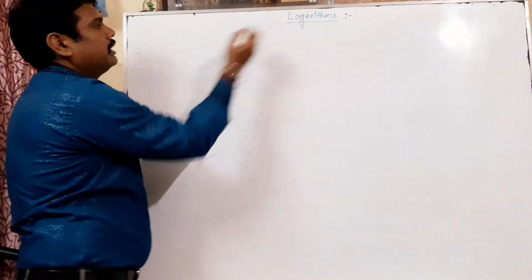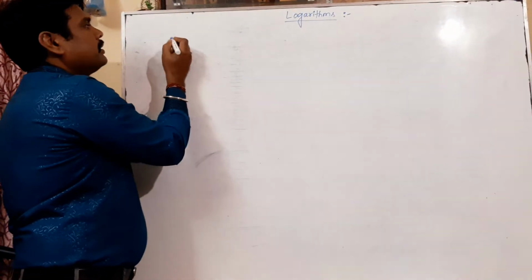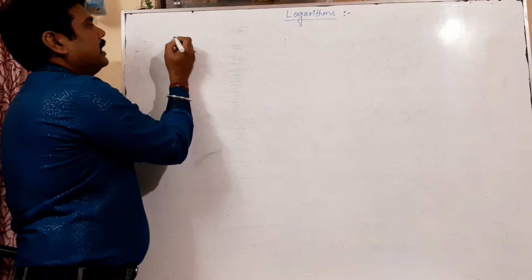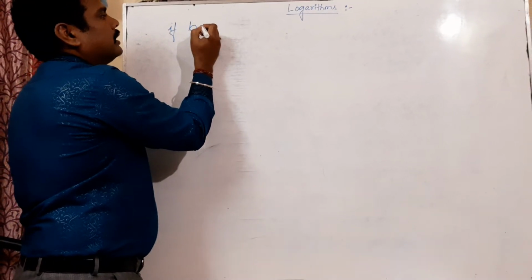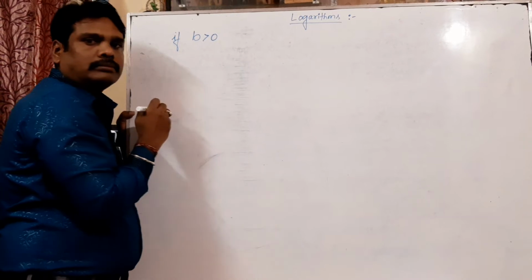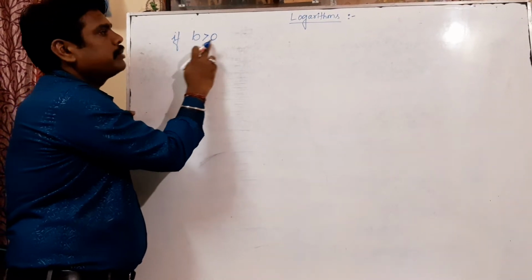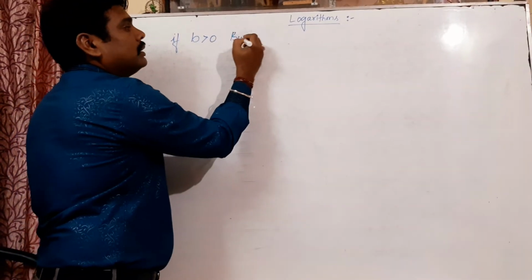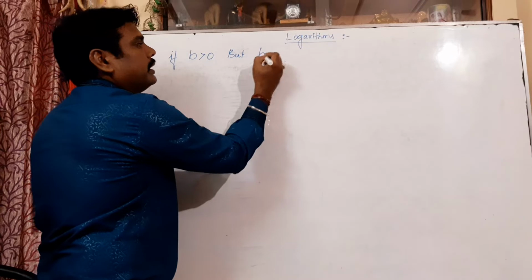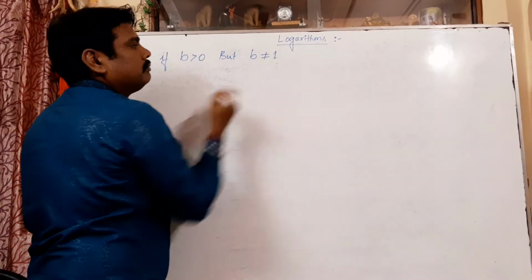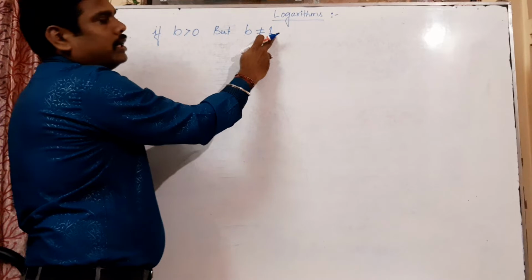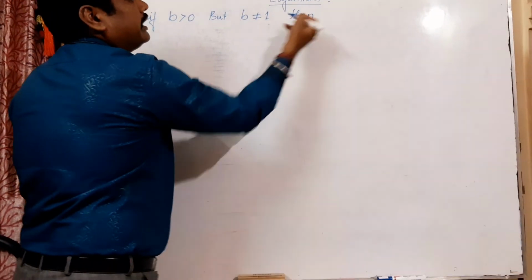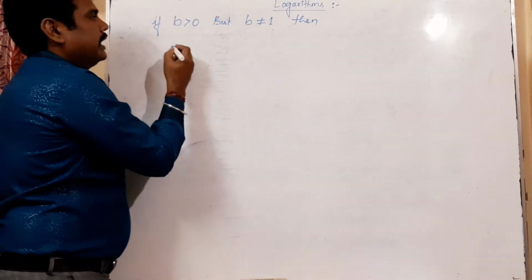See here in logarithms the basic rule states that if b is a number which must be greater than 0, but b is not equal to 1, then we can write the logarithmic value like this.